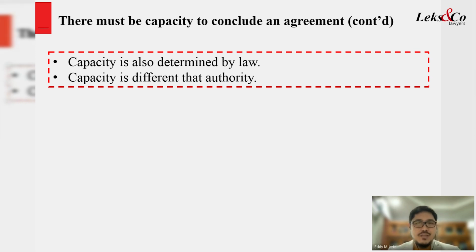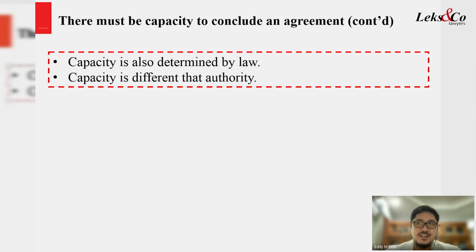Would he be not in capacity? If we are talking on the second element, the capacity is not talking about the authority actually, but the capacity to do the legal action. That person, as long as he is mature and he doesn't have any pengampuan, he's fine, legally speaking, right?